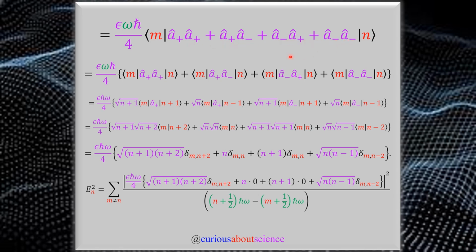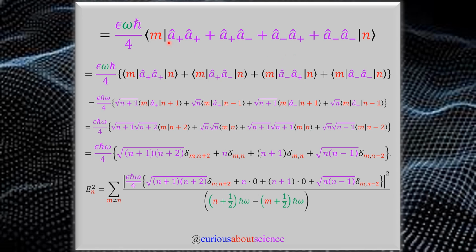So all possible combinations there. Remember, these are operators, so the order does matter. Don't just distribute them like you would with any other quadratic notation. A plus b squared does not necessarily equal a squared plus 2ab plus b squared. That's only in real numbers. Doesn't really work here for operators. Nonetheless, we're good to go now.